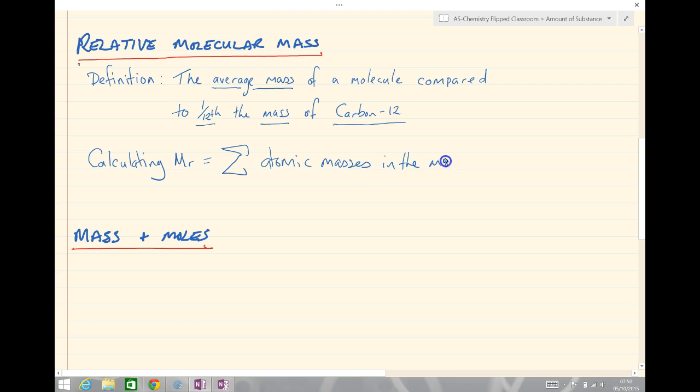So let's look at two quick examples here. Let's look at hydrochloric acid, HCl, and also we will look at methane, so CH4. And in order to do this, we just need to look at our periodic table over here.